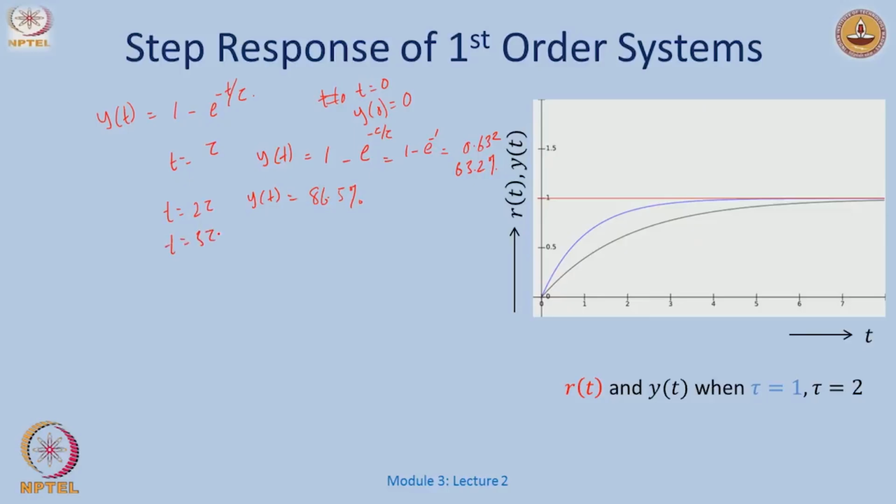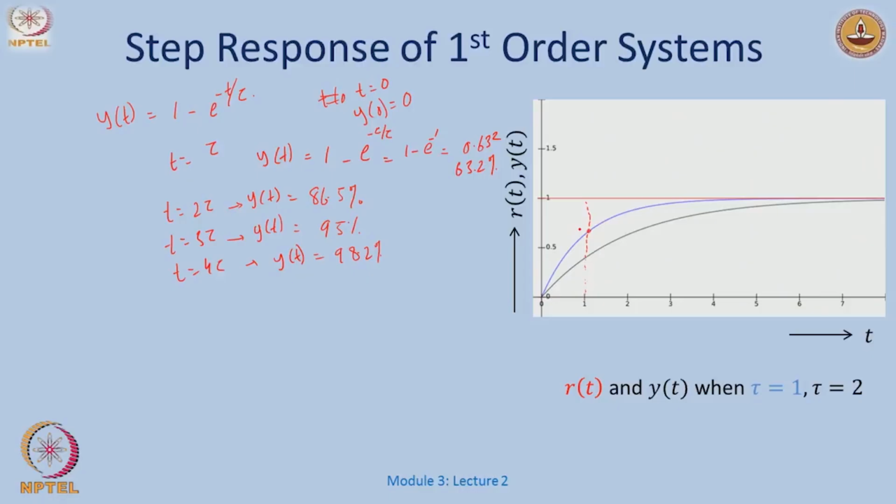For 3 tau, y of t would be about 95%, and at 4 times the time constant, y of t is about 98.2% of the steady state value, which is 1. I can plot this here at t equal to 1 for the blue line, so this is the 0.632. A few things to observe here.